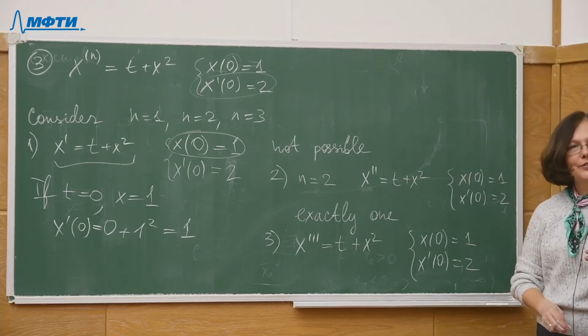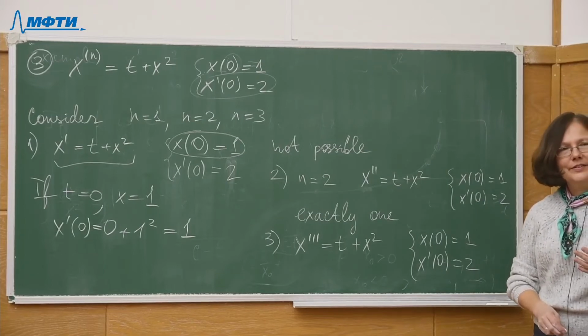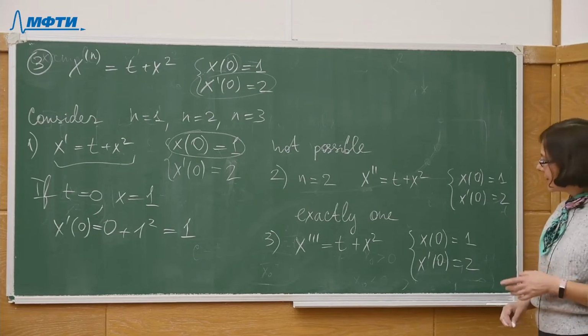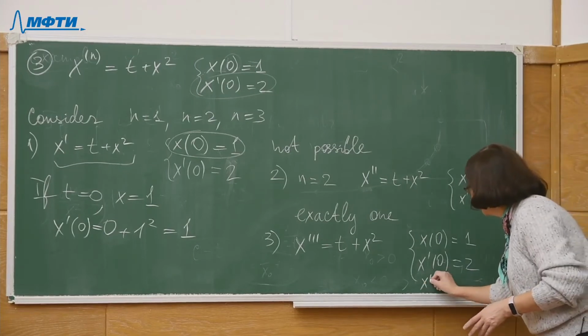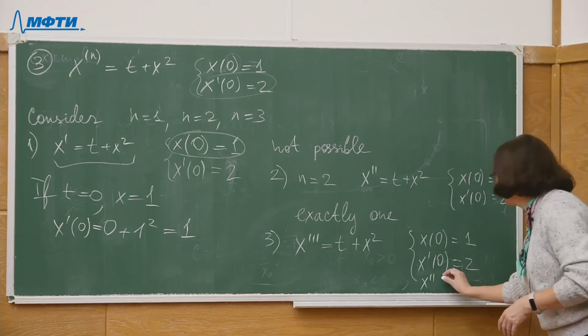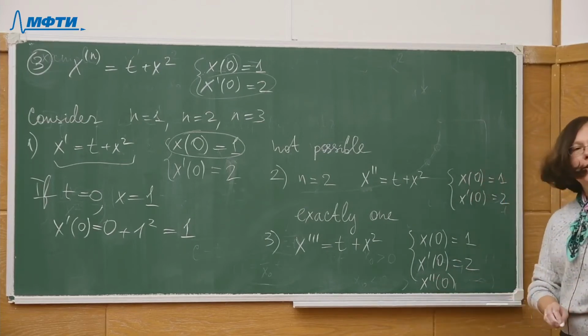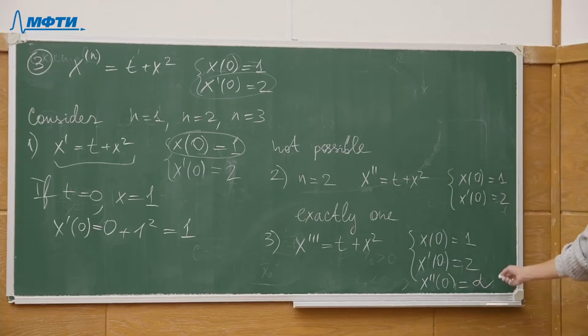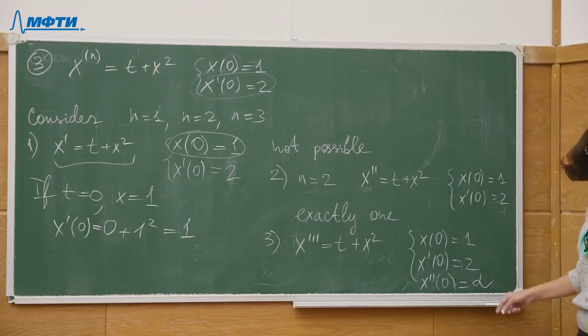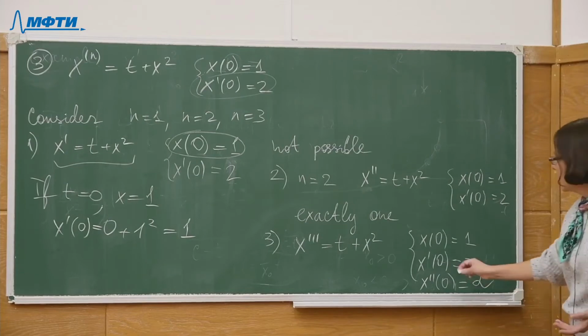We have to use the Picard-Lindelof theorem. We can use it, but we need to know x double prime of 0. We may set it equal to any value alpha, any value of the parameter alpha.